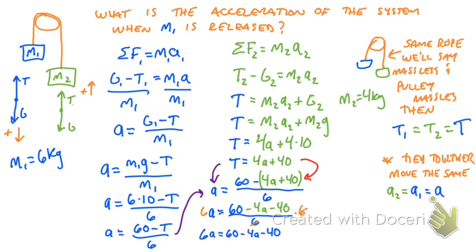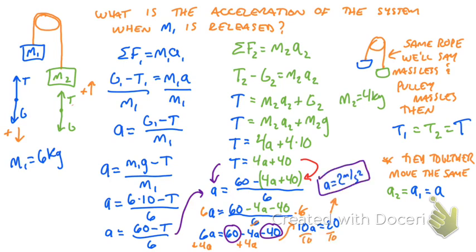We multiply both sides by 6 to get that 6 out of the denominator, and we get 6a equals 60 minus 4a minus 40. Next, we need to add 4a to both sides, and that gives us 10a. And then on the right-hand side, we have 60 minus 40, which is 20. We need to divide both sides by 10. And we get a, or the acceleration of this, would be 2 meters per second squared.